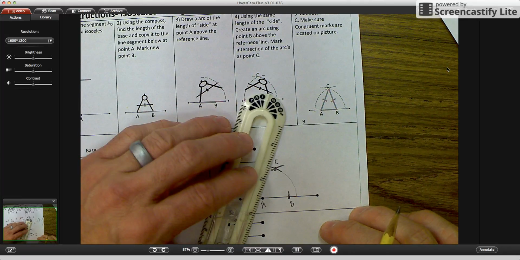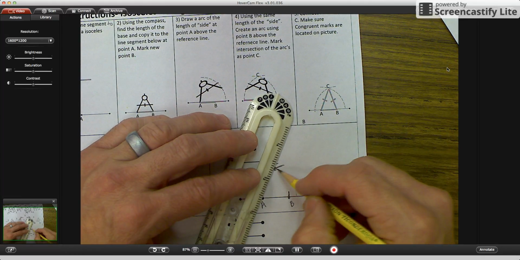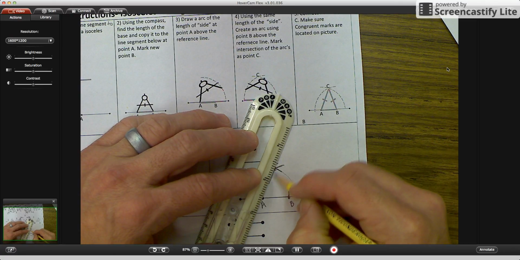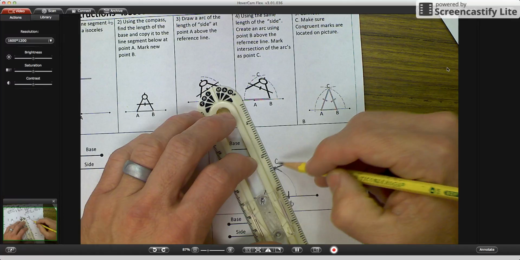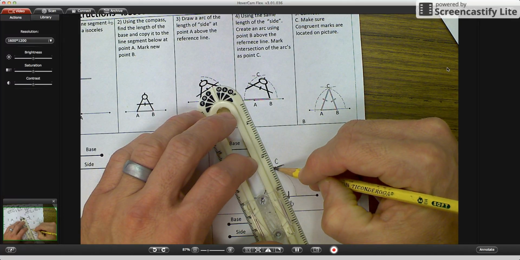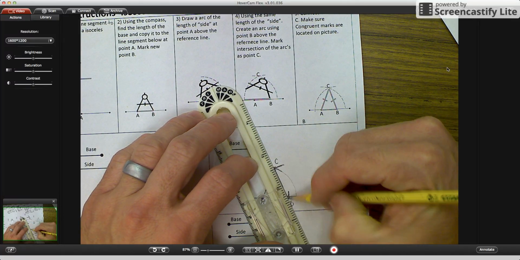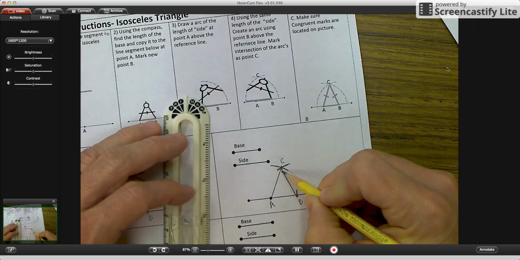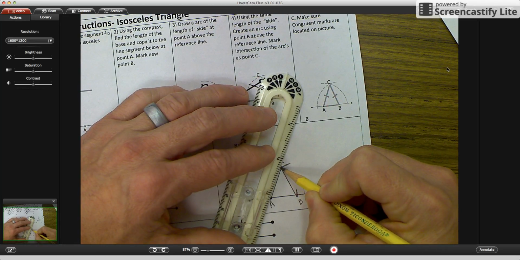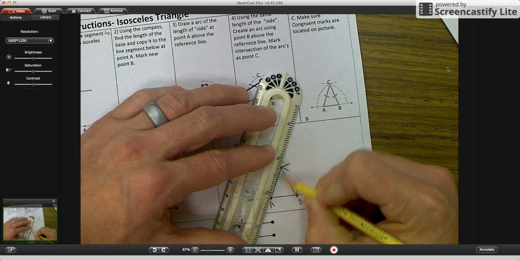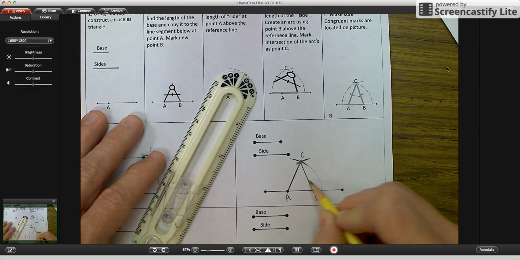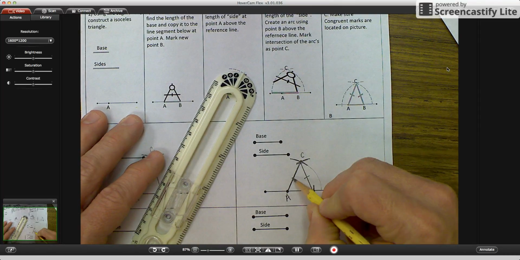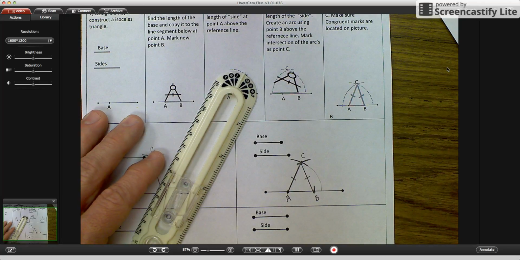Okay, now we are going to connect point A with point C. Point B with point C. And notice that we have something that looks like an isosceles triangle, where this side and this side are congruent.